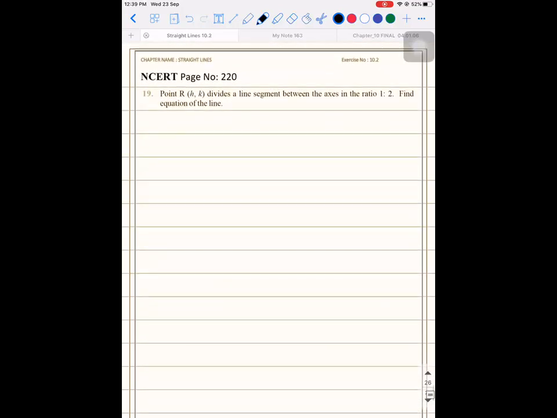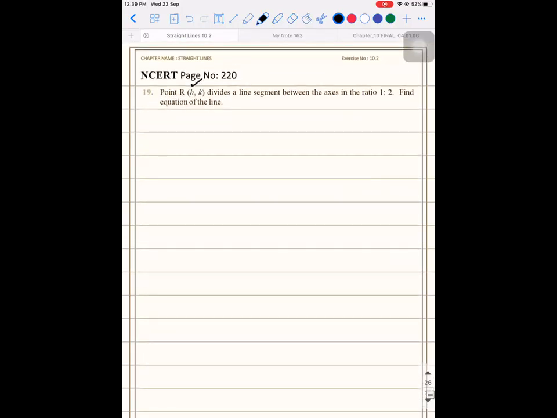Okay. I give you a hint, you try it. There is a point h comma k which divides the line segment between the axes in the ratio 1:2. Find the equation of line. So there is a point which is h comma k, which is going to divide the line segment between the axes.